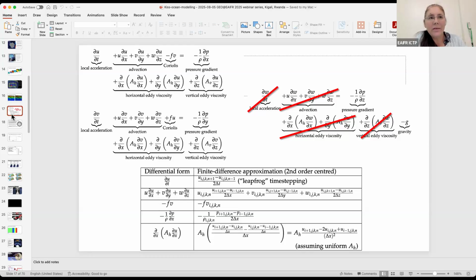Well, Andrew, actually, I have a question on this slide. So I understand that we neglect the vertical velocity, but could you explain why you still have to keep all gradients of each component of the horizontal velocity in the other two equations?